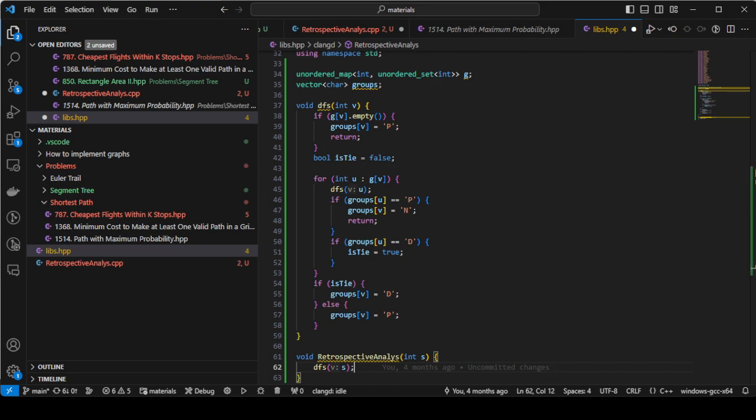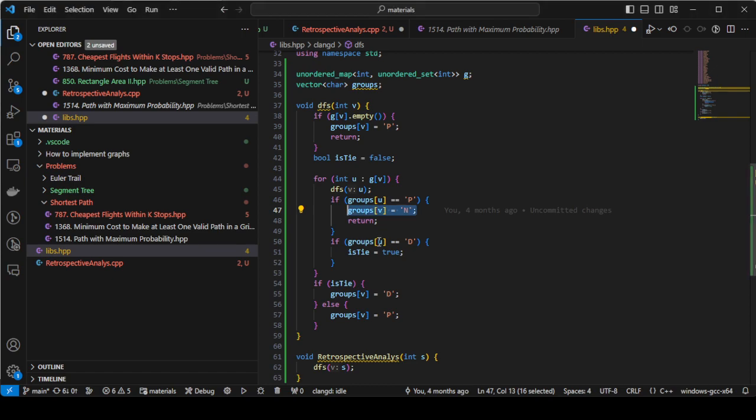Once again, we split our graph's vertex set into three groups: P, N, and D. For N, if there exists an edge from N to U equal to P, we just do this and return, and that's it.